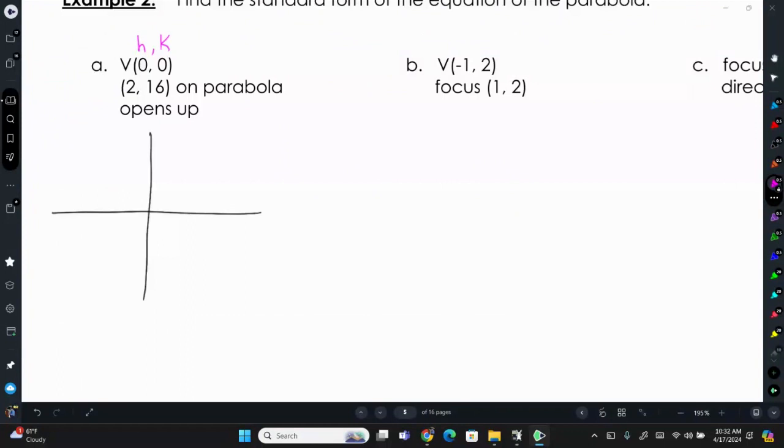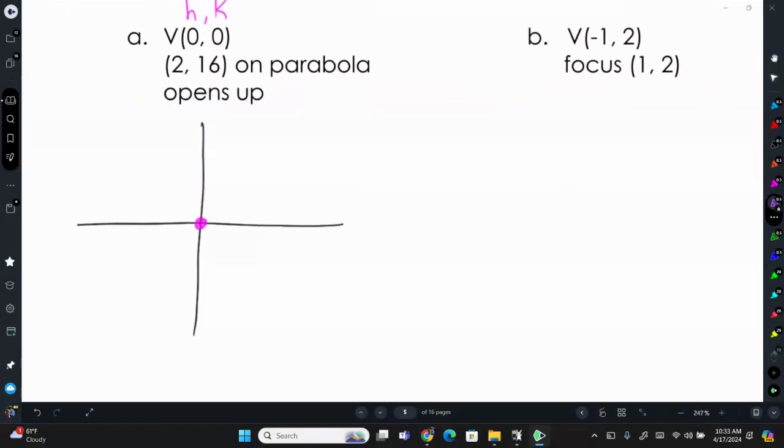So H and K right here. And 2, 16, so it's going to open upwards. And we know a point on here is 2, 16. So this would be an X and Y coordinate.